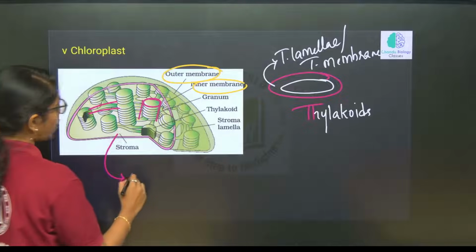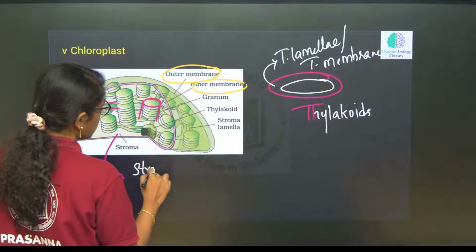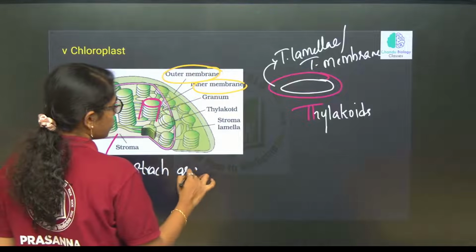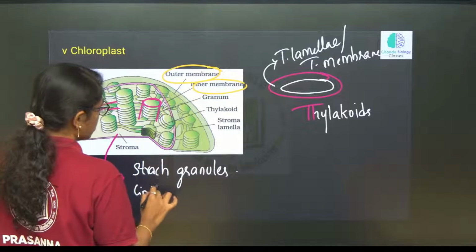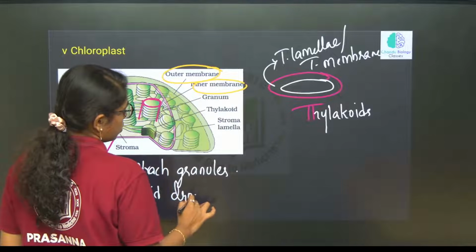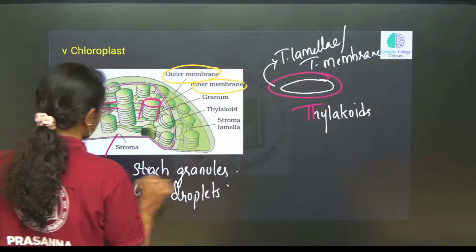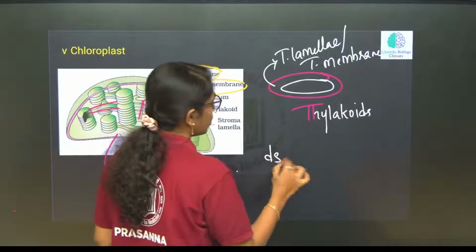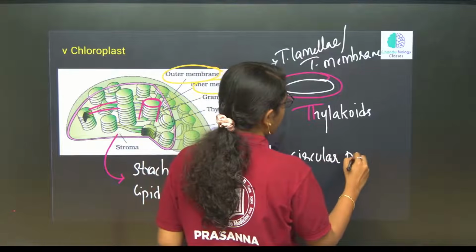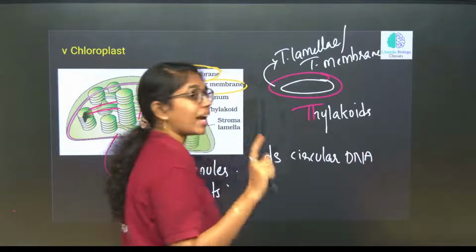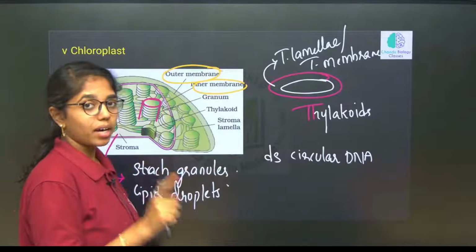This consists of starch granules, lipid droplets, and most importantly double-stranded circular DNA. Double-stranded circular DNA is present both in the matrix of chloroplast and mitochondria.